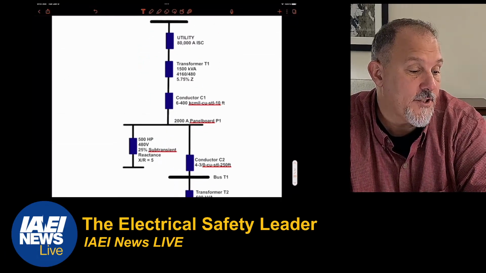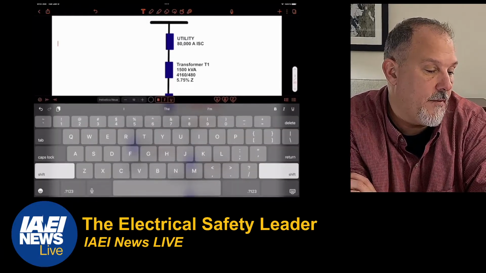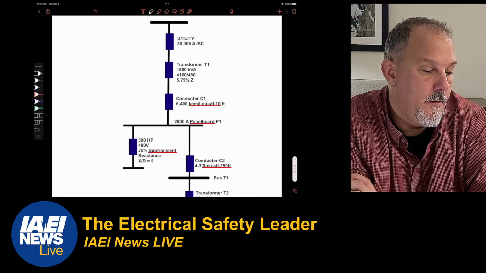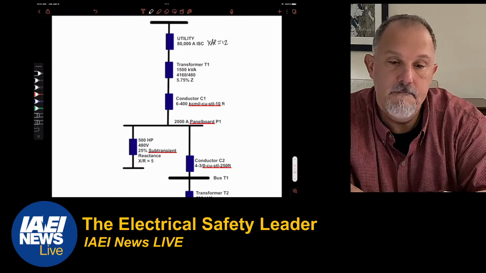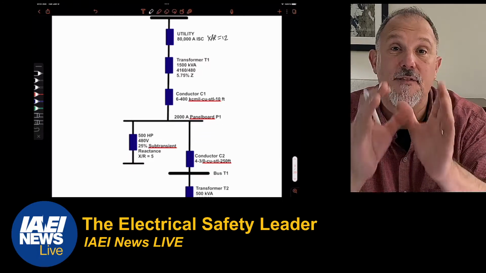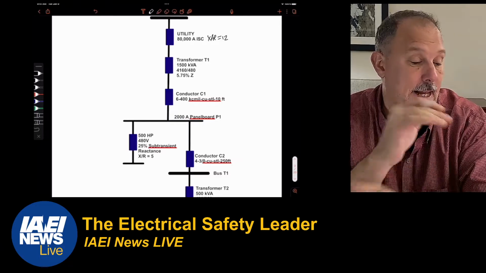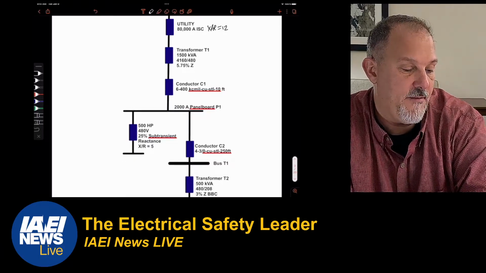All right, so here's our impedance diagram. I have to put my X to R of 12 here. I have my utility at 80,000 amps, and I have to convert that to an impedance. I'll show you the equation that we use to get that done. I have my transformer T1 at 5.75%.